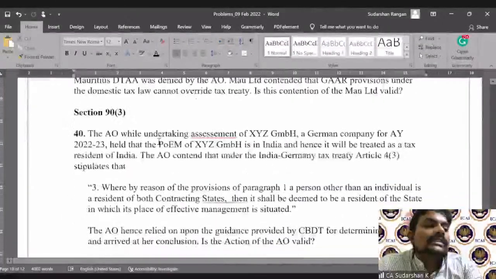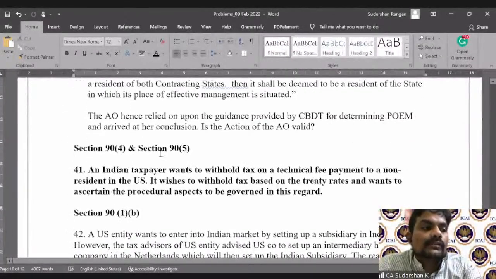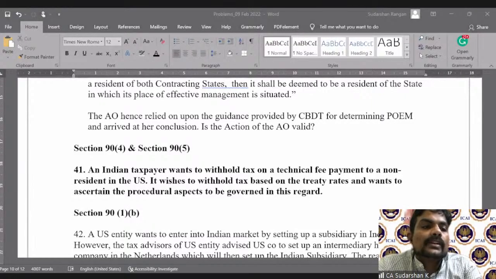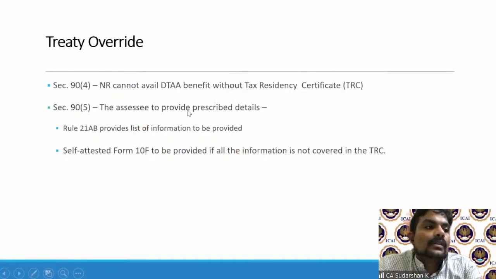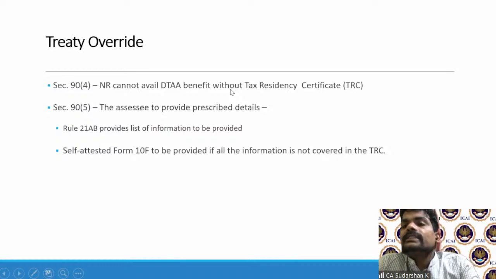Now, what section 90 subsection 4 and section 90 subsection 5 say is that before giving the treaty benefit, if you are going to take the treaty benefit, the non-resident who is availing the treaty should give a certificate called a tax residency certificate. That is, he should give a tax residency certificate that he is a resident of that country.